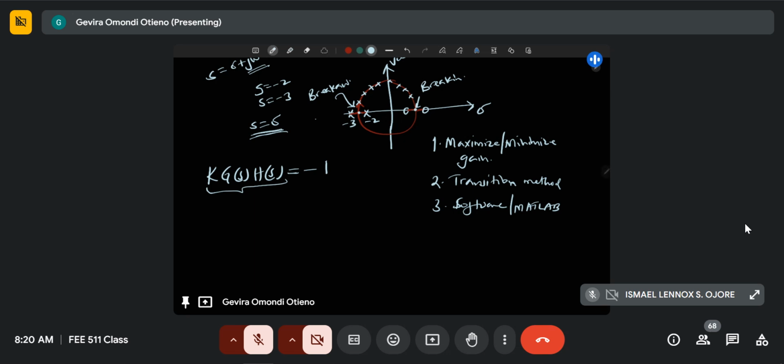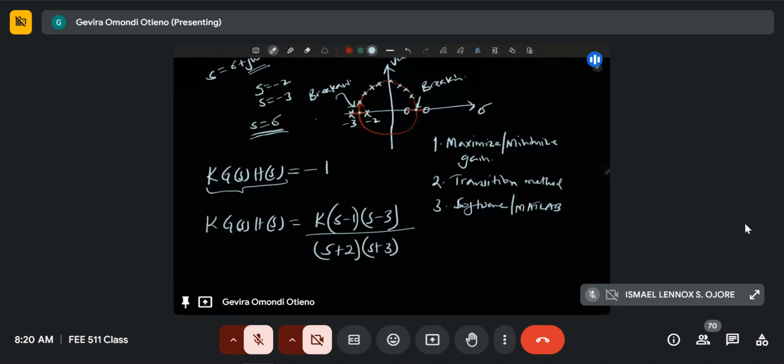So in our case here, let's assume that it equals, let's say, (S minus 1)(S minus 3) over (S plus 2)(S plus 3), something like that. I'm just giving an arbitrary value.